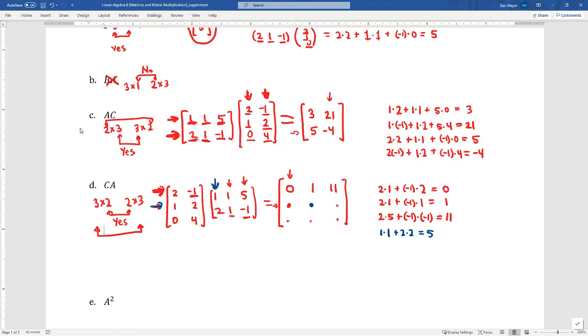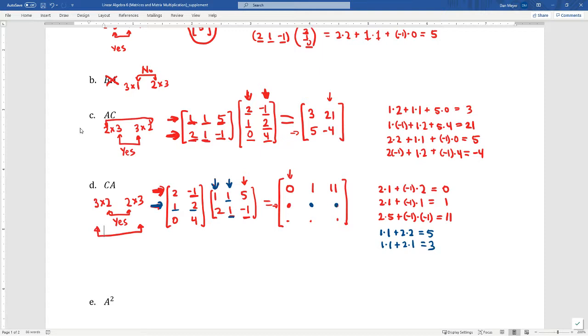For the second row, second column, I'll take my second row of C times my second column of A. That gives me 1 times 1 plus 2 times 1, which is 3.